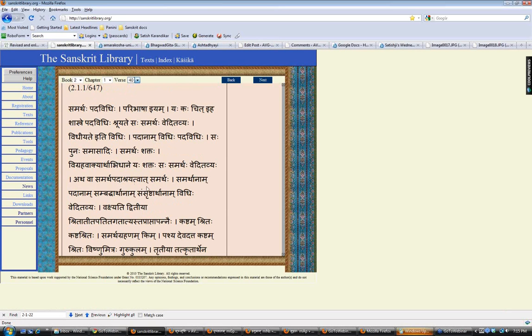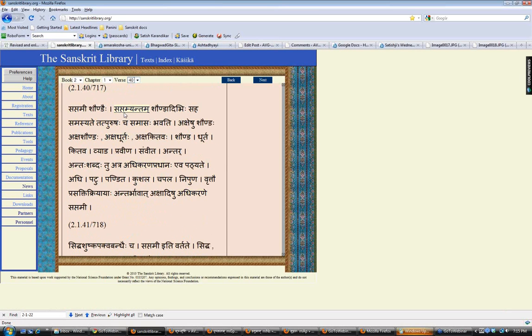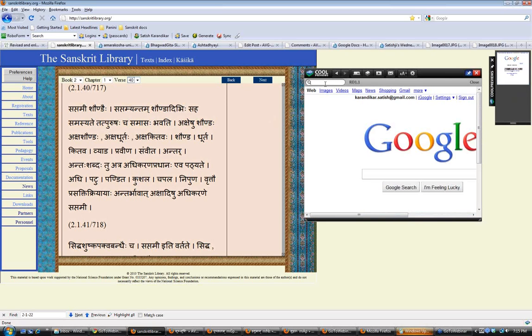It's also possible. To say Saptami Shaundaihi: Saptamyantam Shaundadibhis saha samasyate Tatpurushaha cha samaso bhavati, Aksheshu Shaundaha. Shaundaha is one who is very skilled, Praveenaha, Kushalaha. So one who is skilled in gambling, Aksheshu Shaundaha, in dice, in the game of dice.